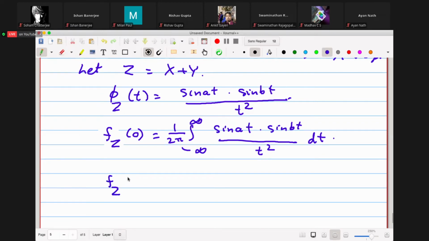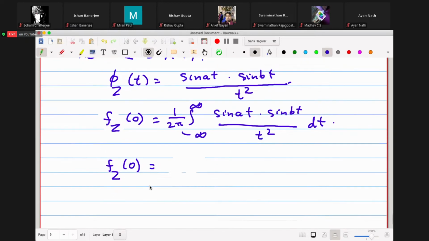What is f_Z at 0? Sorry, you need to compute the density function.